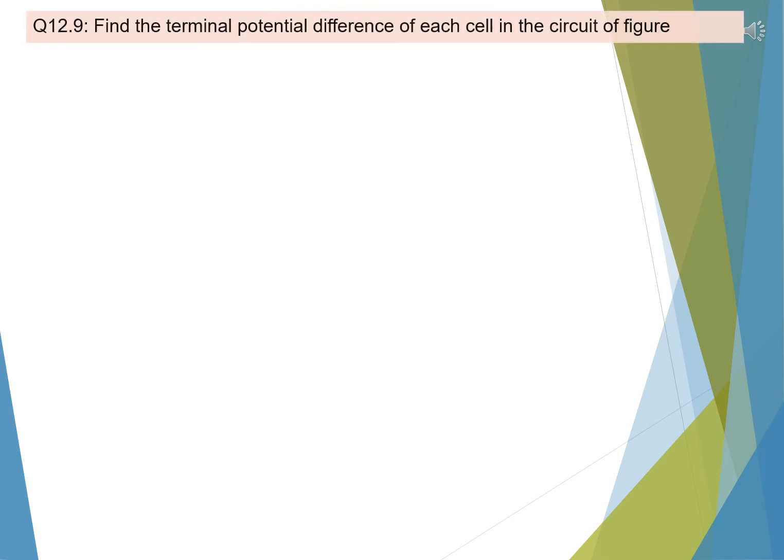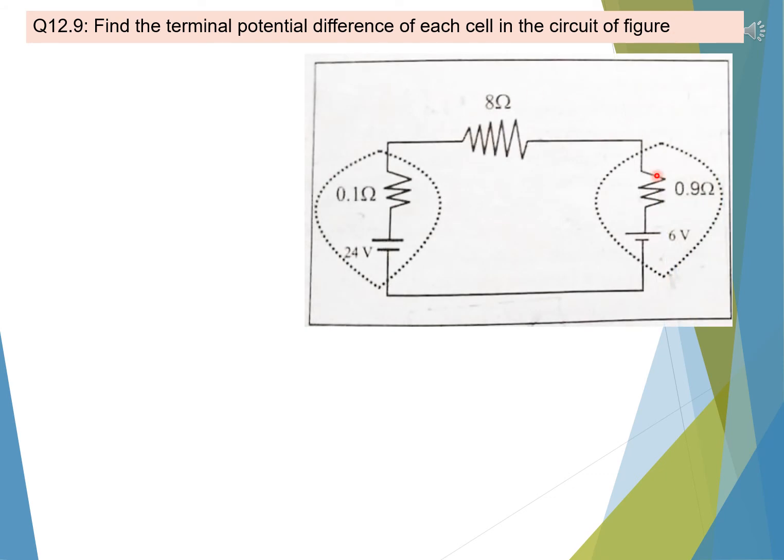Question. Find the terminal potential difference of each cell in the circuit of the figure given below. In this circuit diagram, EMF E1 is equal to 24 volt with internal resistance r1 is equal to 0.1 ohm, and another cell has EMF E2 is equal to 6 volt with internal resistance r2 is equal to 0.9 ohm.